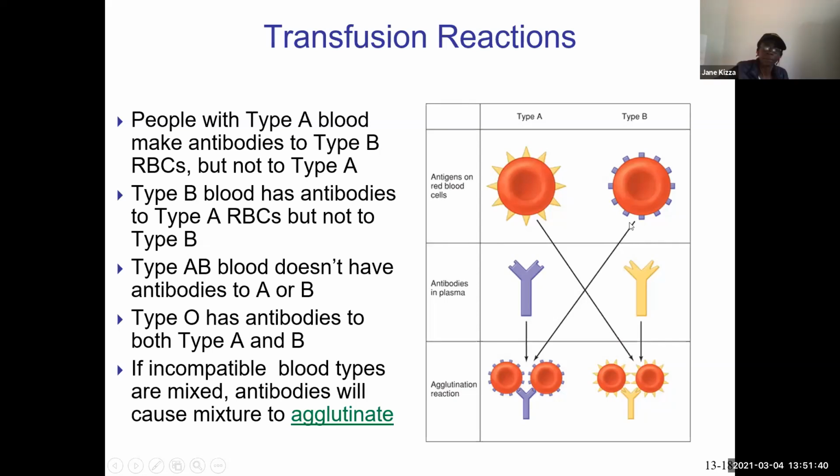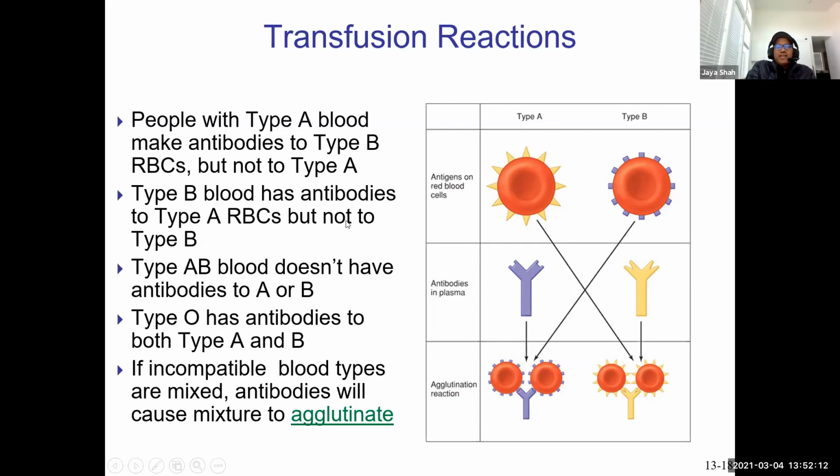This is the B antigen, and then anti-A is binding with them. And if you mismatch here, A antigen is binding with anti-B antibodies. Okay? And this clumping is called agglutination reaction. So people with type A blood make antibodies to type B RBCs, but not to type A.